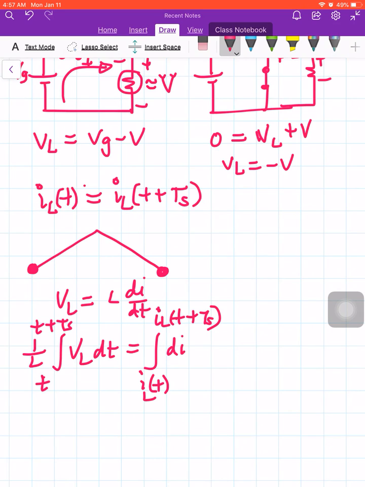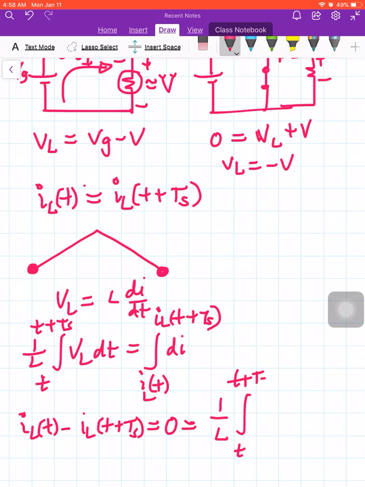So what do we end up with? From this we can say that IL of t minus IL of t plus Ts is equal to 0, that is equal to 1 by L integral t to t plus Ts of VL of t dt.